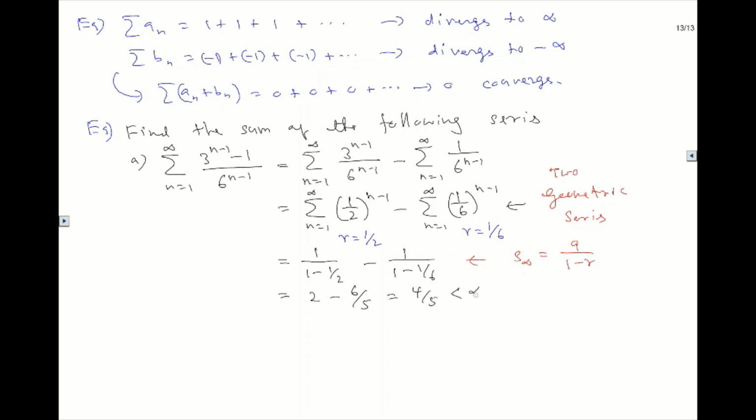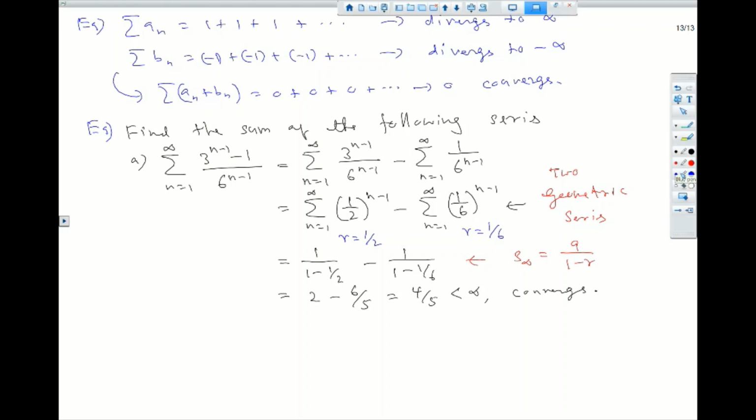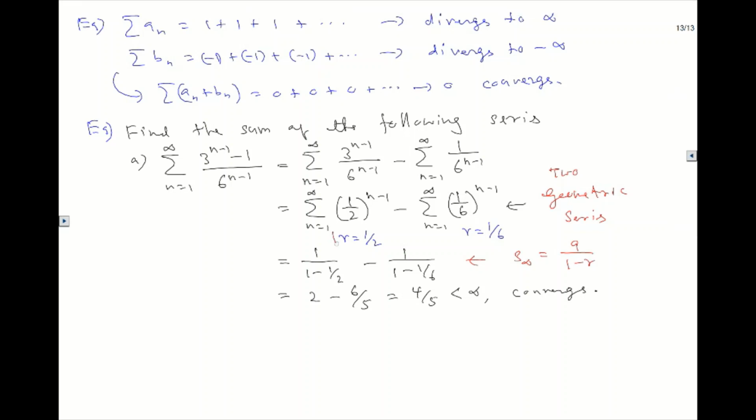You can see it's finite, so it converges. And also actually you know that it converges because r is 1/2 and 1/6, so you can say the absolute value of each is less than 1, so both converge. Okay, they both converge. Good.